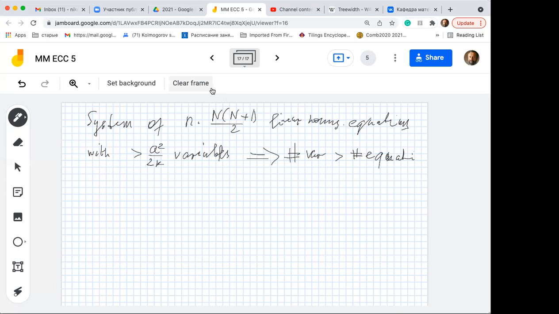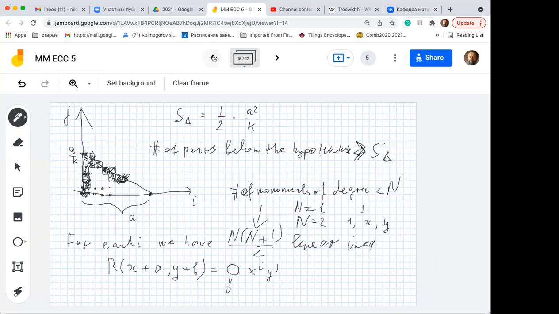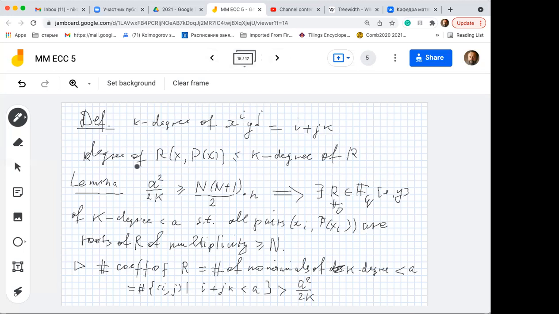And so this is just the statement of the lemma, that if this inequality is true, then our system here has a non-zero solution. And that completes the proof of our main lemma, called lemma 1.